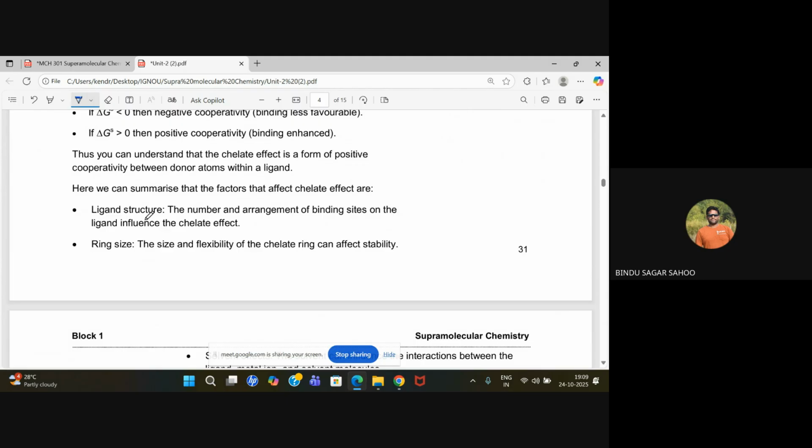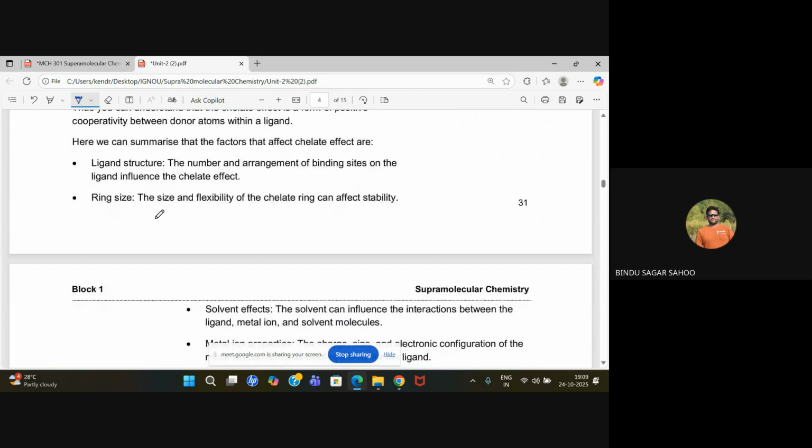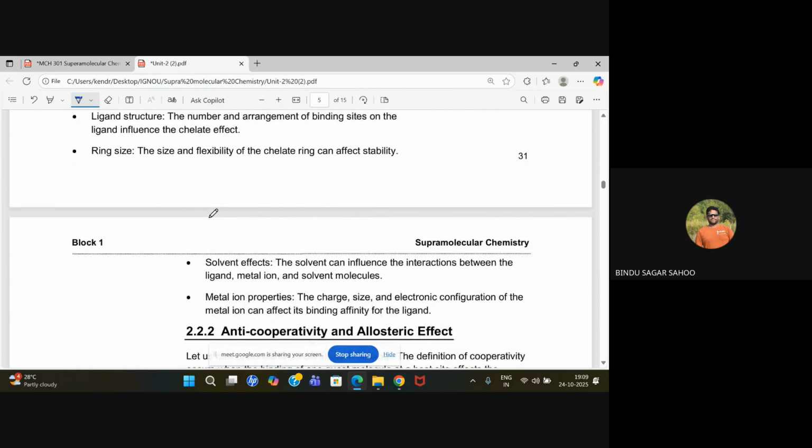In one sentence, you need a polydentate ligand for the formation of a chelate complex. The second thing is that the ring size is also another factor. If in one complex you are forming a three member ring, and in another you are forming a five member ring, then definitely the five member complex stability will be more compared to the three member ring.